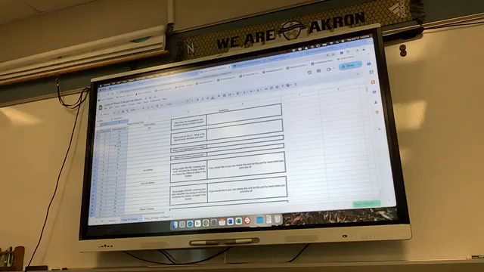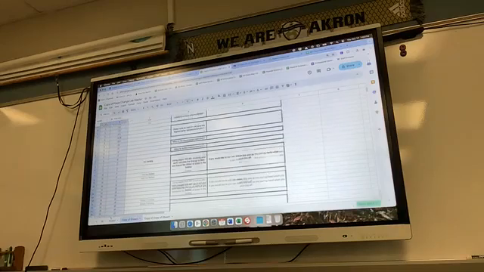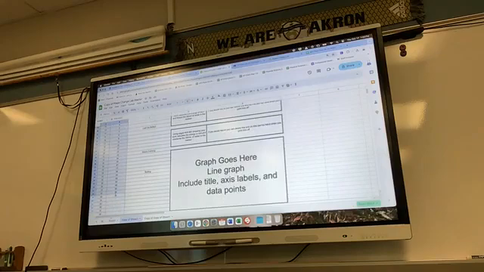So you can see what I have highlighted. Do we have that highlighted? I'll do it one more time. I'm going to highlight time temperature, go down to where my data stops. Are we highlighted?